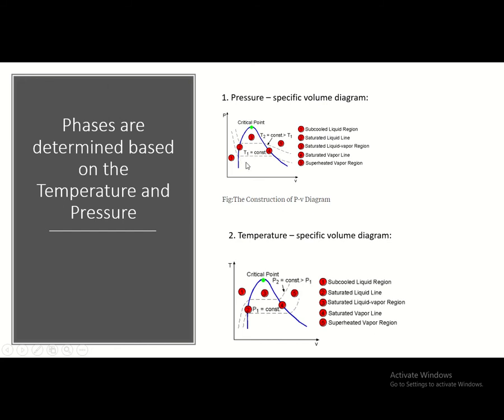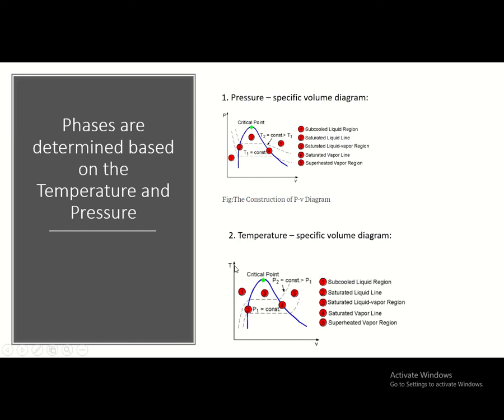So don't be confused when you see that a line, for example the one standing for T1, is a bit higher at this point and a bit lower at this point, but actually the temperature values on this line are all the same. On the temperature-specific volume diagram, they work in the same way.